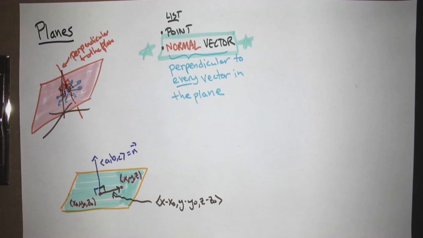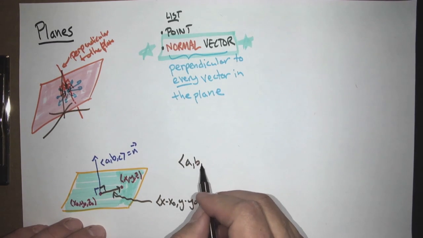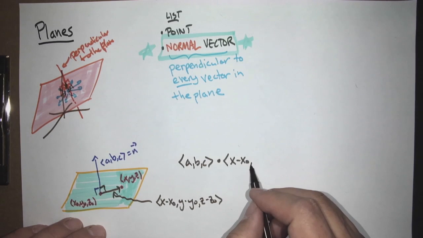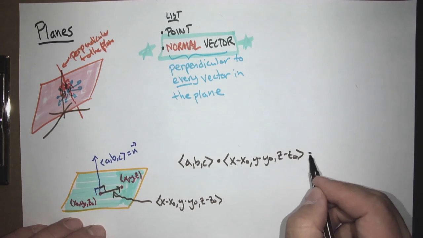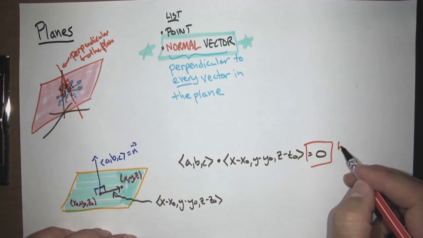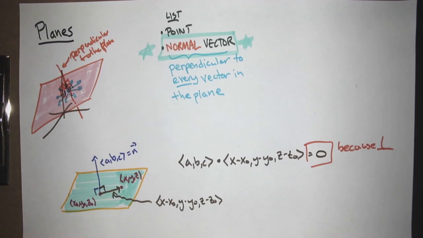Well, if two things are perpendicular, what's true? Dot product has to be 0. So we get that A, B, C dot x minus x naught, y minus y naught, z minus z naught equals 0. And this is because it's perpendicular.